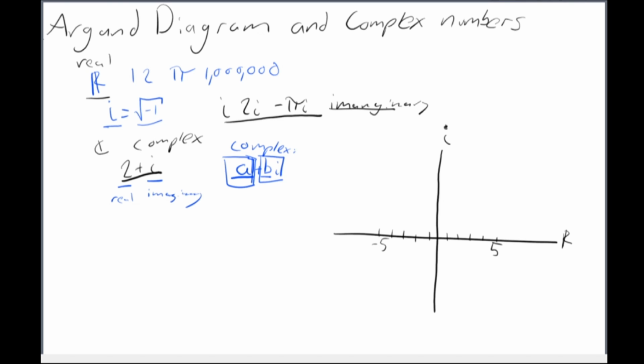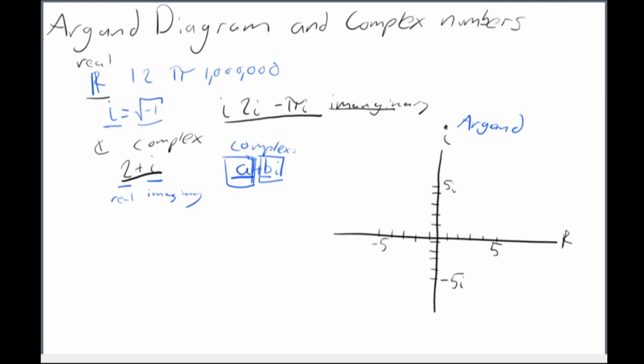So i, 2i, 3i, 4i, 5i, right? This is 5i. Down here, -1, -2, -3, -4, -5. This is -5i. So this plot that we've created here, this coordinate plane, basically is the Argand diagram. Argand diagram. It's an A.